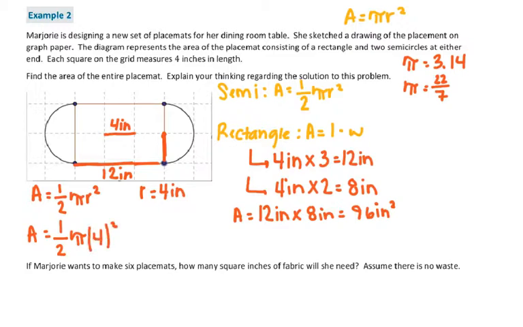Now I'm going to show you that you can represent this in two ways, and it doesn't matter which way. There will be an easier way for this problem. Now, I have 1/2 pi multiplied by 4 times 4, which is 16. So times 16. Now I can multiply 16 times 1/2, or 16 divided by 2, which is 8.